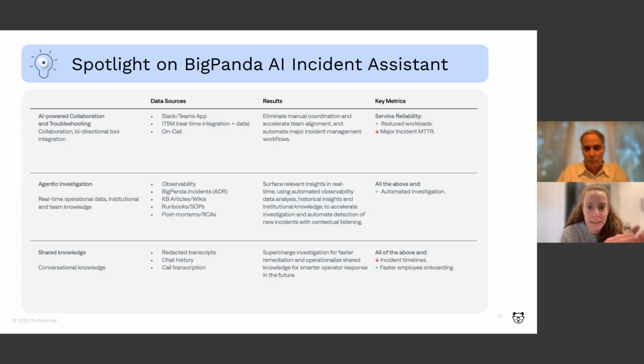There's a lot of tasks, mobilization and coordination that has to happen throughout that process, as well as being able to deliver insights to those responding, whether that's an L2, an SRE, whoever it might be. That's really what this product does.